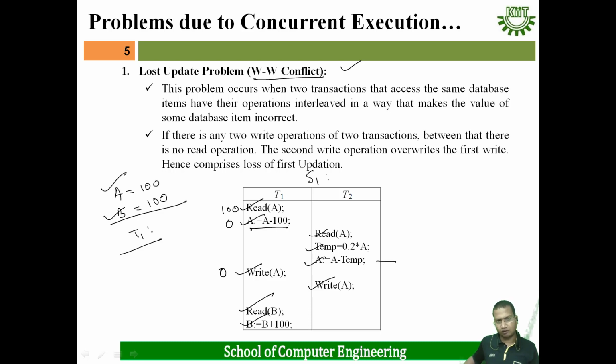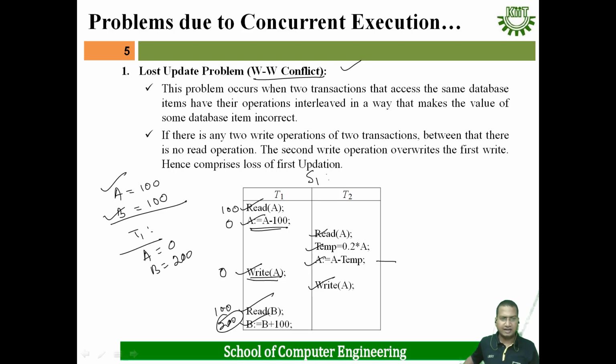These changes happen in local memory and then in the buffer. Then read B gives 100, and B is equal to B plus 100 makes B 200. So after completion of T1, A is 0 and B is 200.